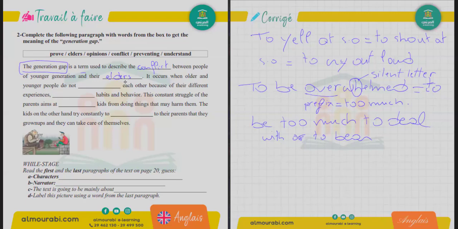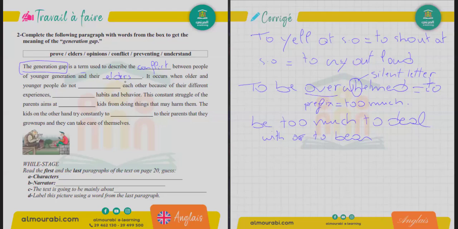Elders are the adults, adult people, and the younger generation, I mean their kids, their daughters, their sons. This is what generation gap means. It's that conflict between old and young people. That's it. Anybody else to continue?